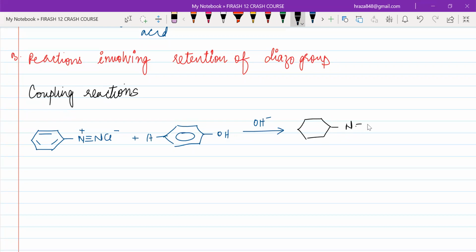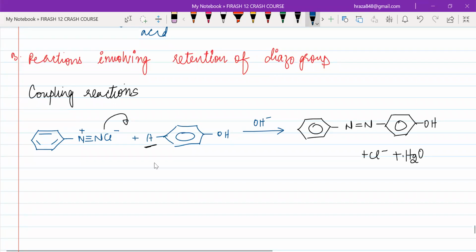The nitrogen will retain itself here in this form. You can see, this Cl minus will be eliminated as a byproduct, and this H plus and OH combine to form H2O. So there are two reactions in this.